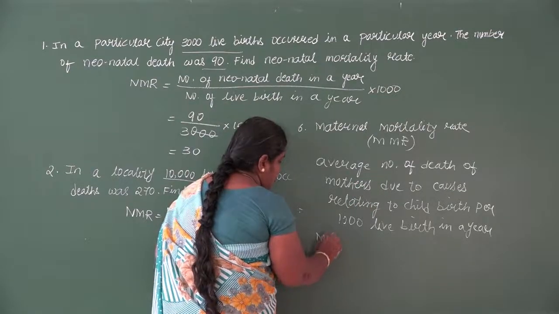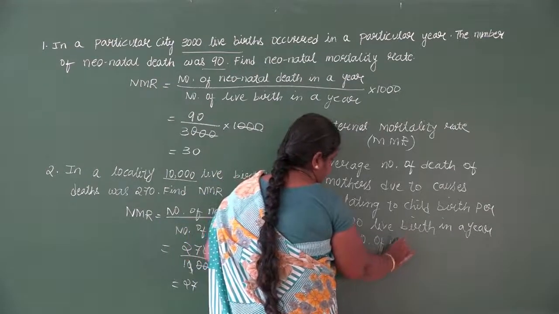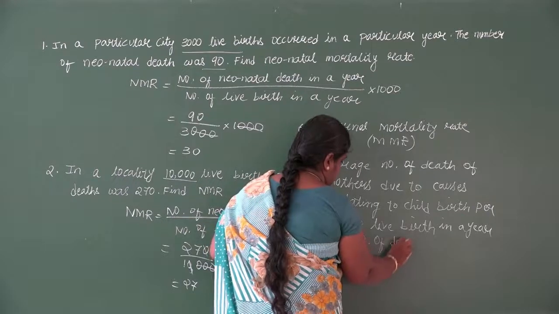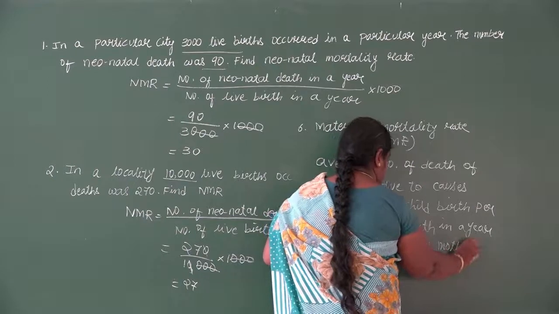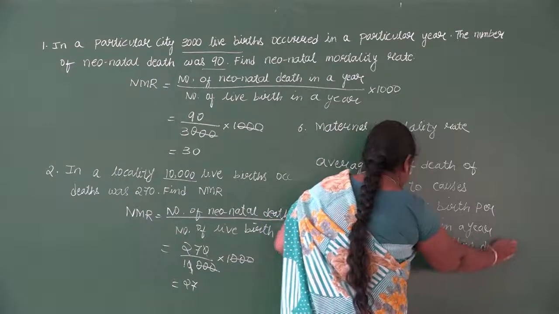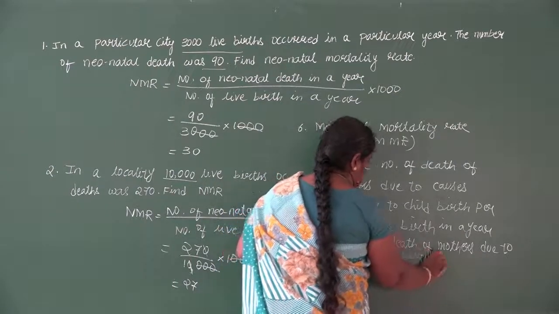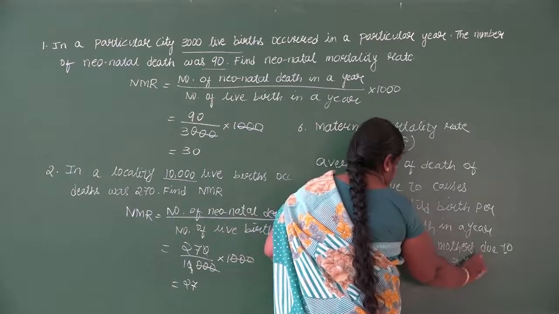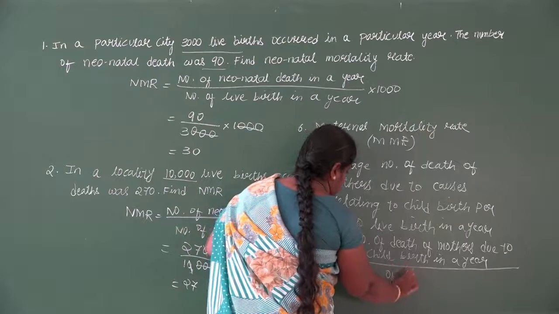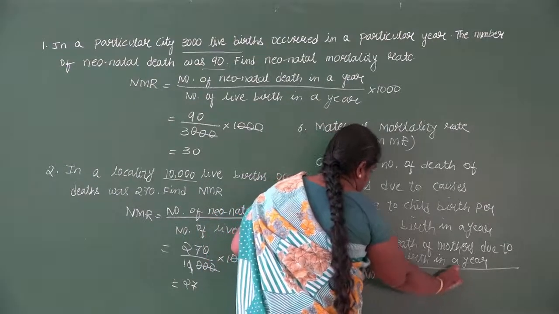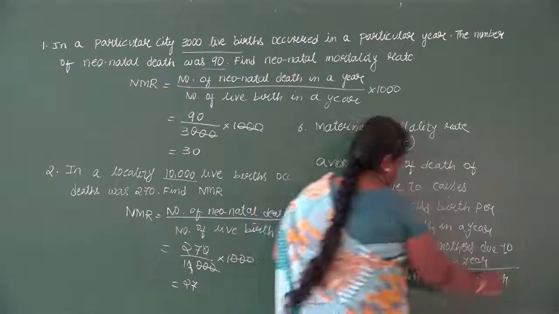So in terms of formula, we can write it as MMR equals number of deaths of mothers due to childbirth in a year divided by number of live births in a year into 1000.